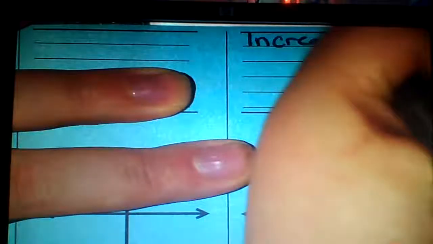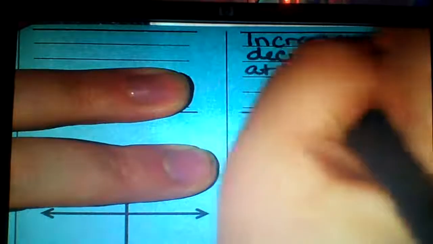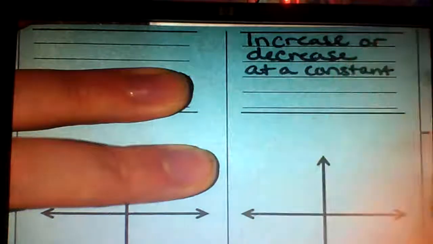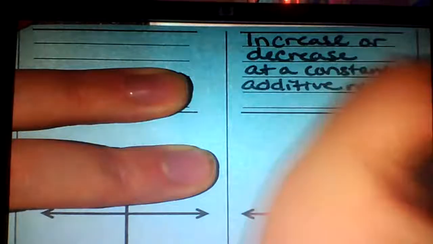So a linear is an increase or decrease at a constant additive rate of change.